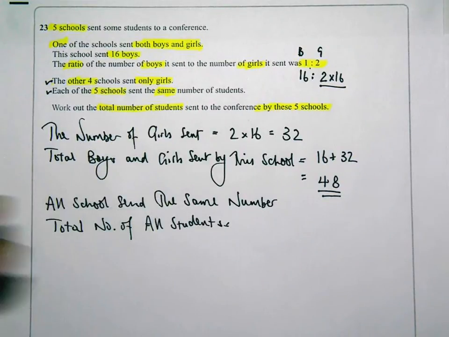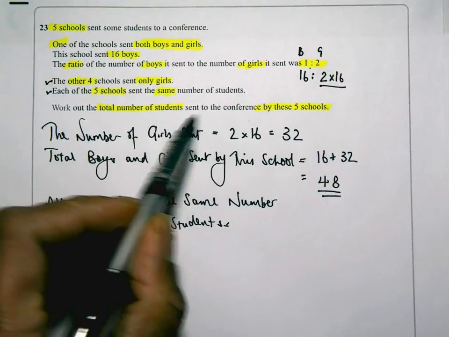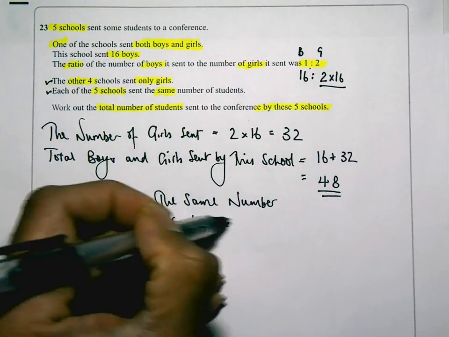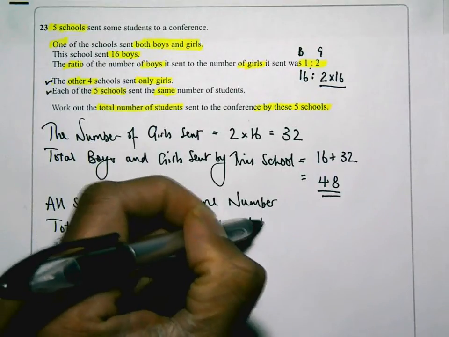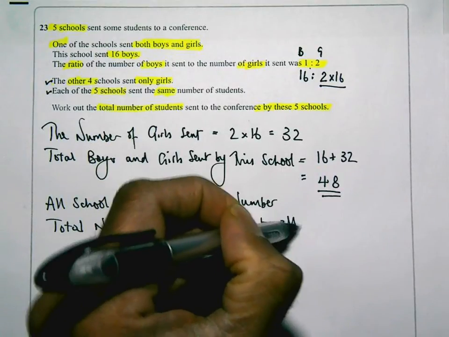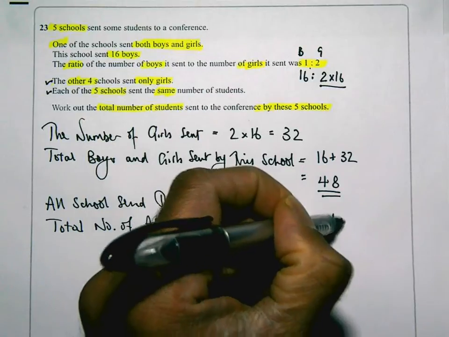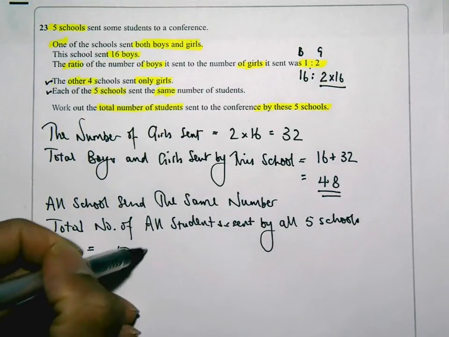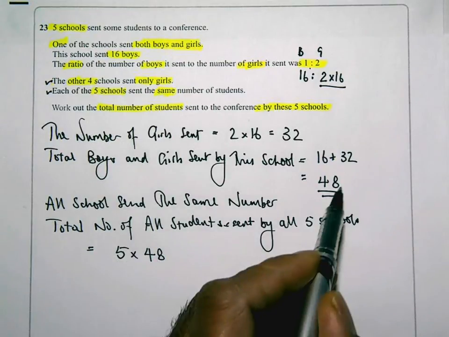Work out the total number of students sent to the conference by the 5 schools. So the total number of students sent by all 5 schools is going to be equal to 5 times 48, because they all send the same number of students.